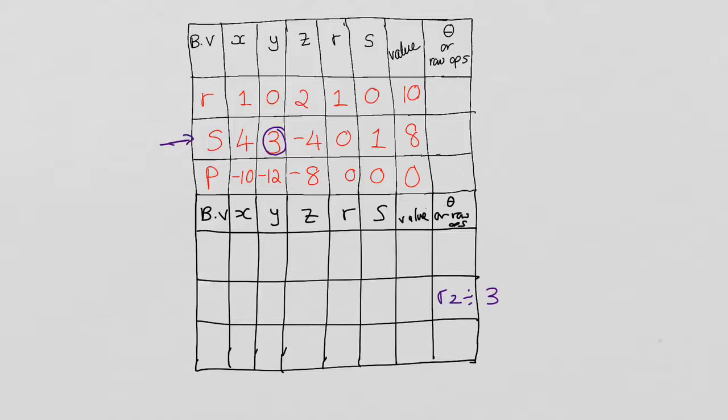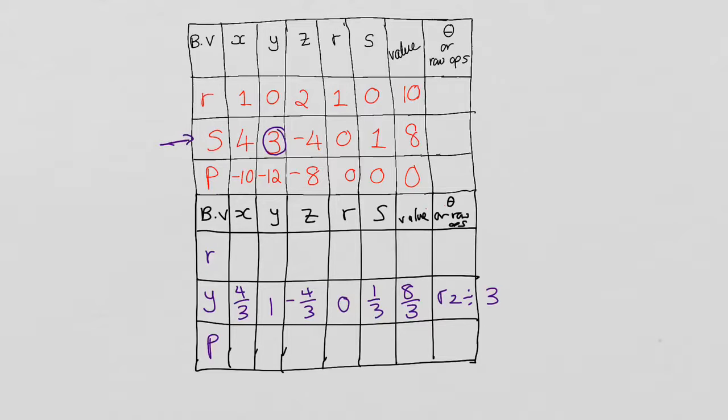So that becomes 1, that becomes 4/3, and already I'm disliking my numbers. That's negative 4/3, 0, 1/3 and 8/3. So that's row 2 divided by 3. And because I've replaced S with Y, I'm going to put Y in there instead. That's still R and that's still P.